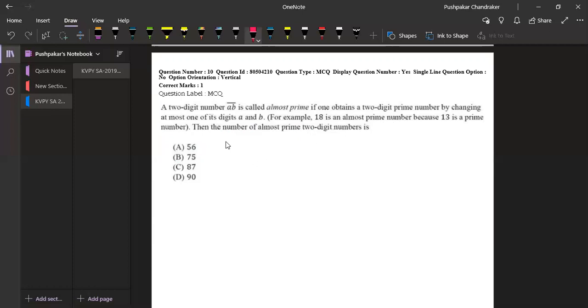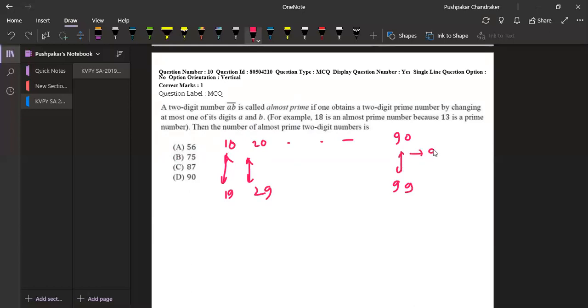Actually, you'll notice that in two-digit numbers, 10 to 19, then 20 to 29, and like this you write up to 90 to 99, in between these numbers there are always two or more primes. At least two primes are always there.